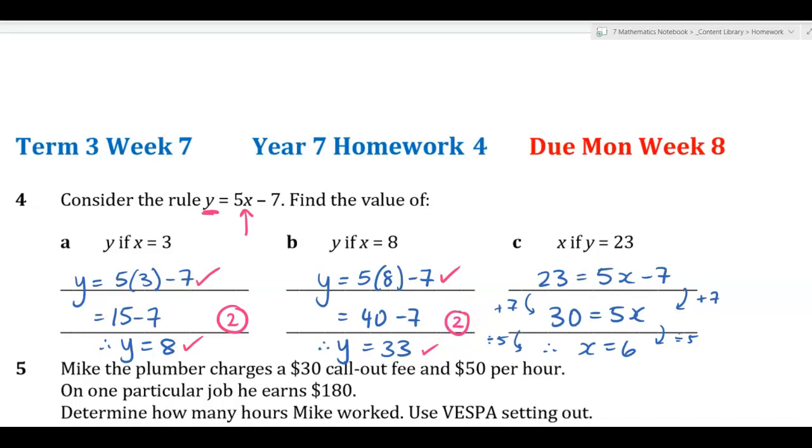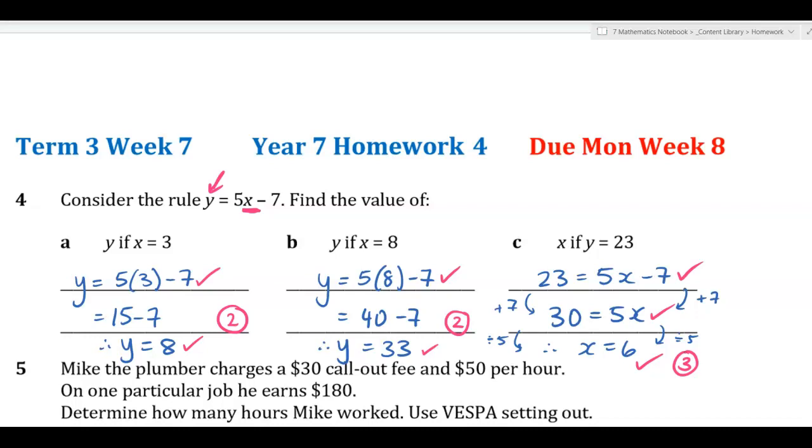And for C, C was a little bit different because it said, tell me what x equals if y equals a number. So you had to sub in y and then you had to solve using your equation solving for x. Did we all figure that one out? Nice.